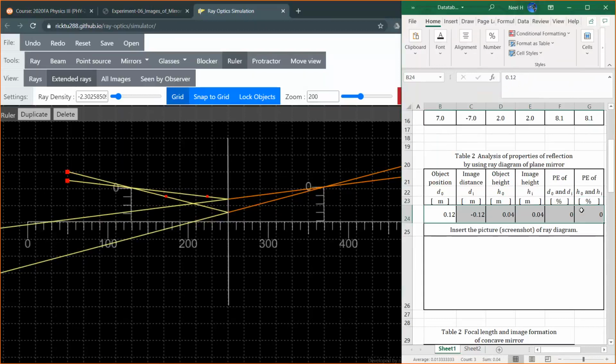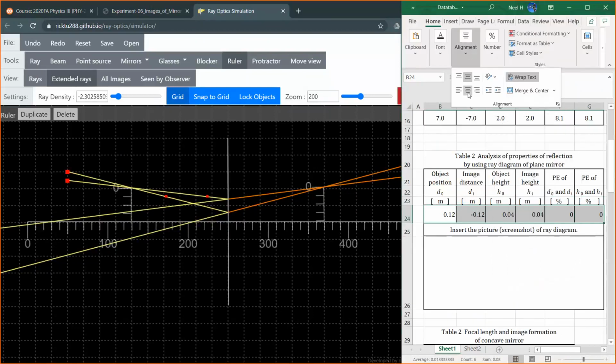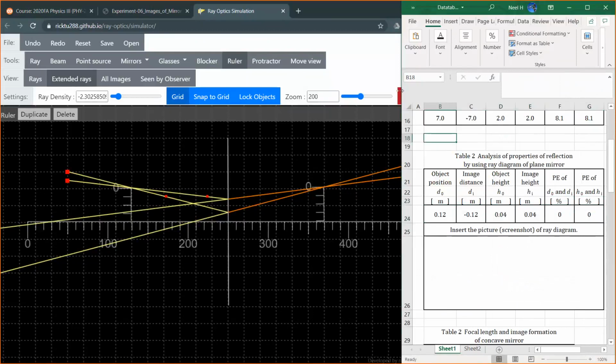Okay, so now all we need is one more piece of information. We need the picture of this ray diagram. Now this is the ray diagram, right? You created it, you take the screenshot, and all of these screenshots have to be added properly. Whenever you do a ray diagram with this simulator, this black graph sheet simulator right here, these do not go into the procedure section.